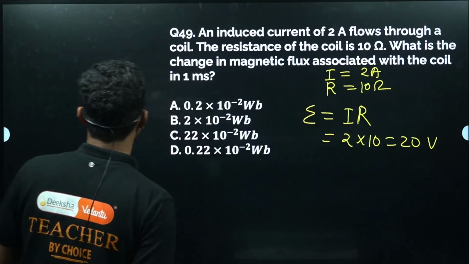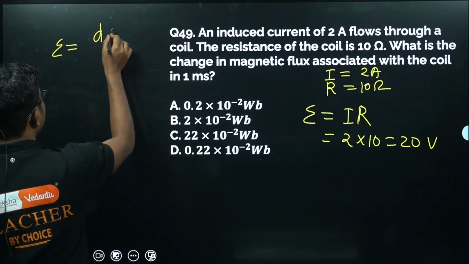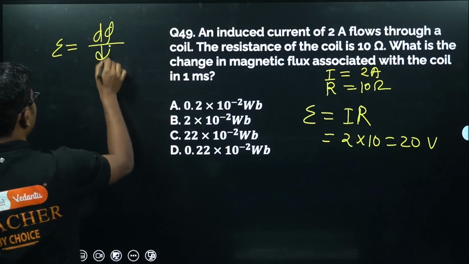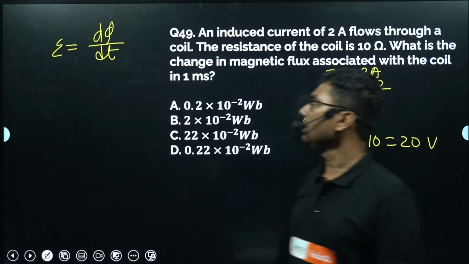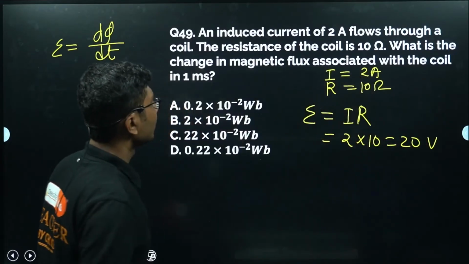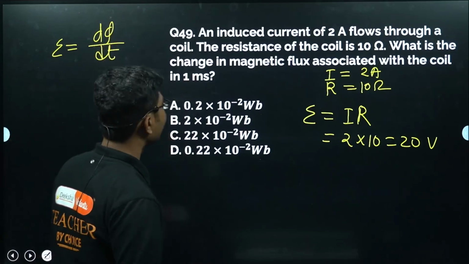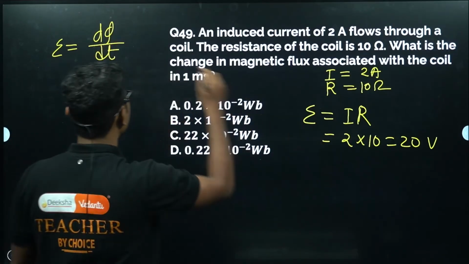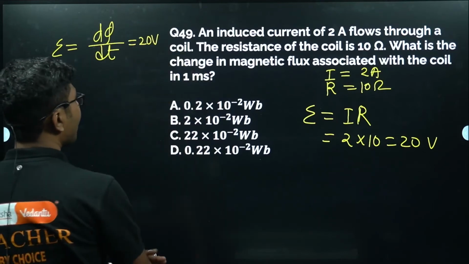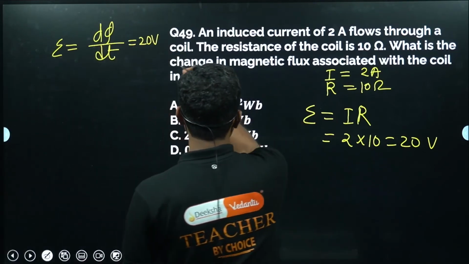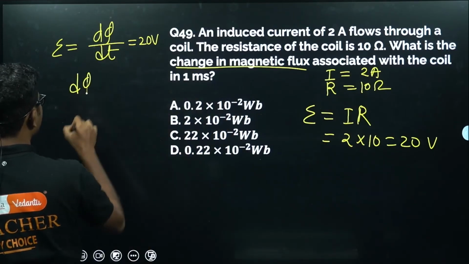Now again, from Faraday's law, we know that the magnitude is given by d phi by dt, that is the rate of change of magnetic flux linked with the coil, right? So d phi by dt is equal to 20 volts. Now, what you have to do is find the change in the magnetic flux, meaning only d phi you have to calculate.